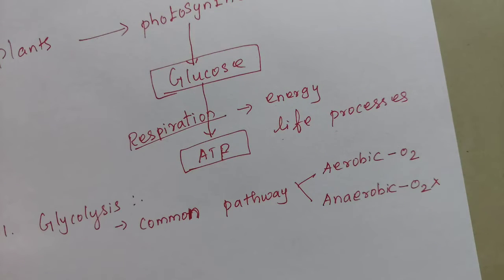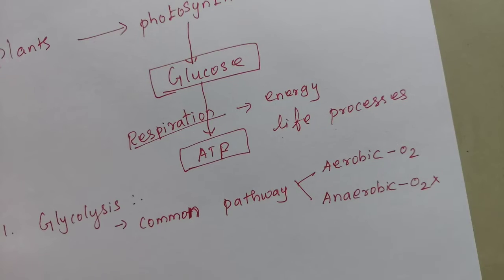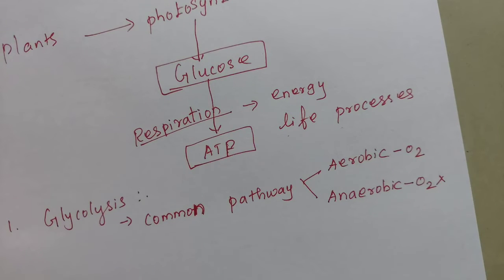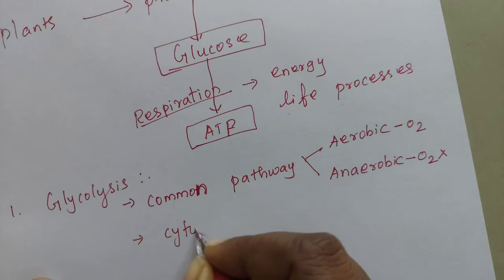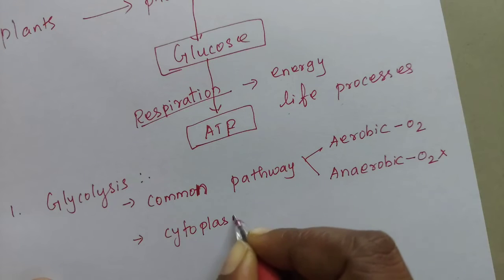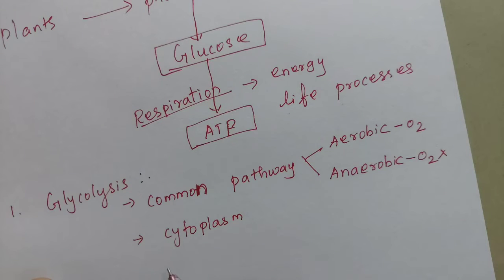So it means it doesn't require oxygen to complete this process. So both aerobic organisms and anaerobic organisms take up the pathway of glycolysis. So glycolysis occurs in the cytoplasm of the cell. So the region where glycolysis takes place in a cell is the cytoplasm.